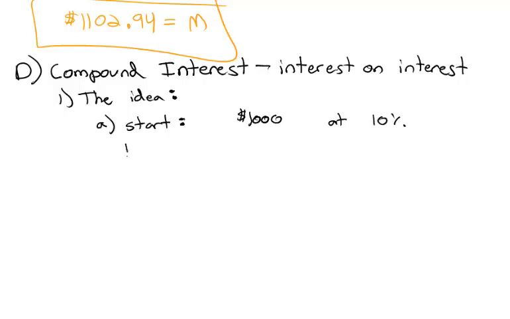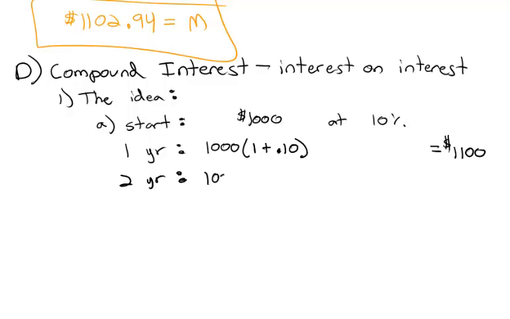Well, after 1 year, you get that $1,000 times 1 plus the interest rate. This looks kind of like the simple interest formula, right? 1 plus the interest rate of 0.10. But now the second year, you're going to earn that again. By the way, that equals $1,100.